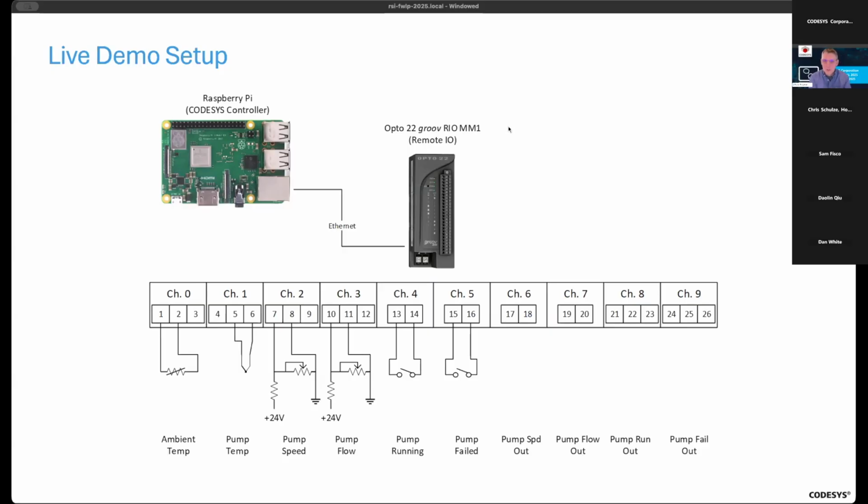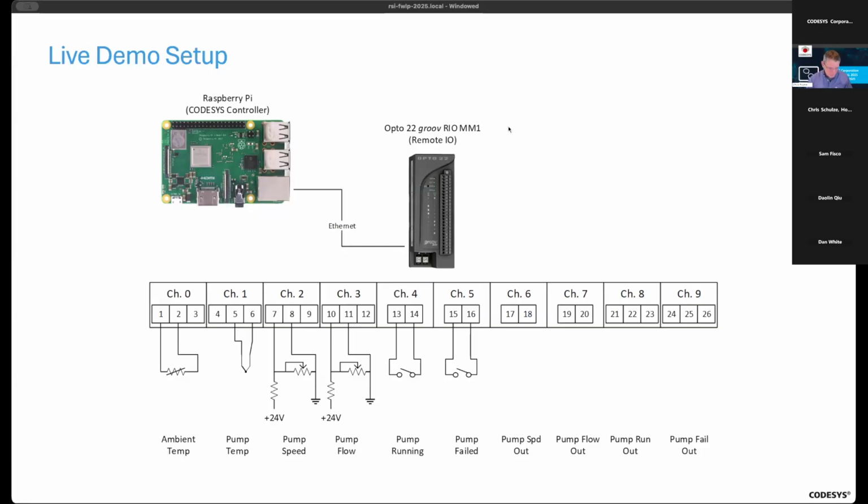However, I chose to use the Raspberry Pi because it supports visualization, whereas the Rio does not. The Rio does have some other options for doing visualization and doing all kinds of other functions. But for this particular demo, the Rio is simply an I/O block to show that data. All right.